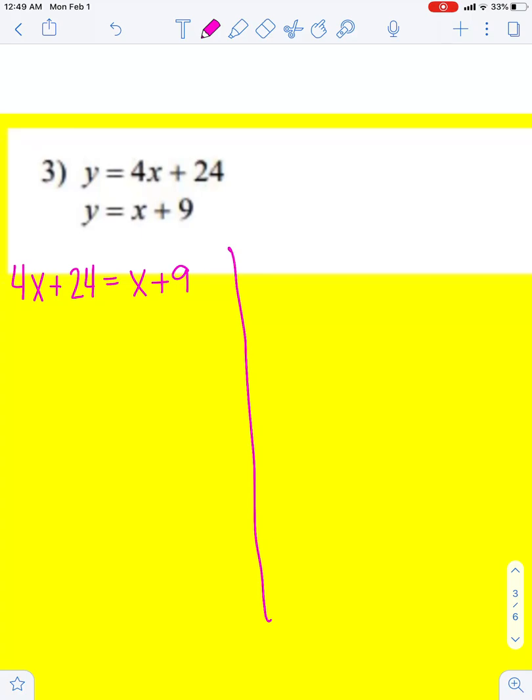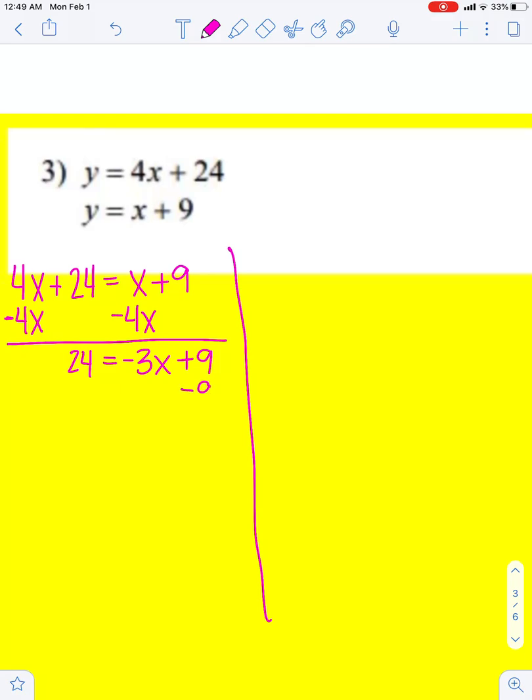So the first thing I'm going to do is subtract 4x from both sides, which will give me 24 is equal to negative 3x plus 9. Now all we have is a two-step equation.